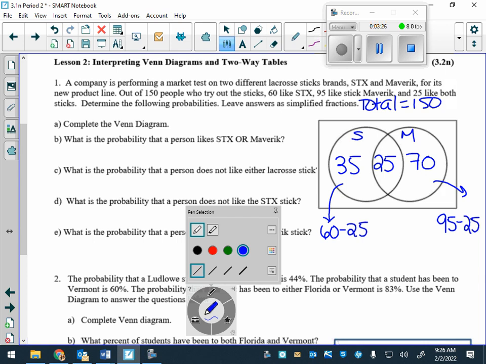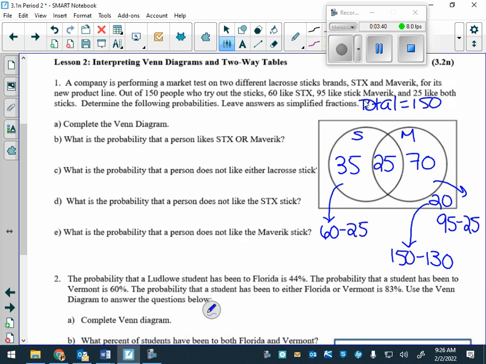Doesn't like any, right? So 20 would go on the outside. So to find 20, you take the total minus all 3 of those numbers. So 35, 25, and 70. Okay? Does that make sense? We did this in the last activity.